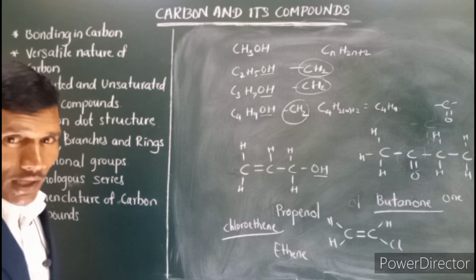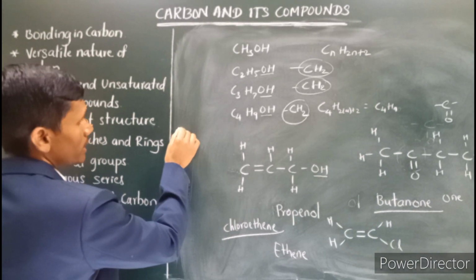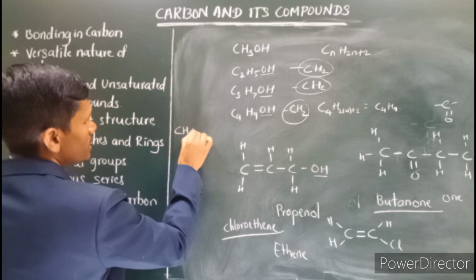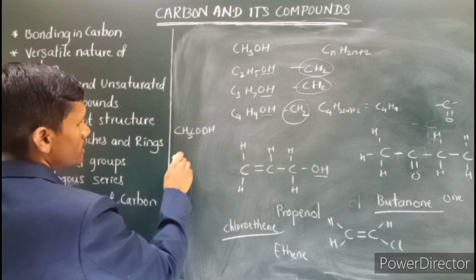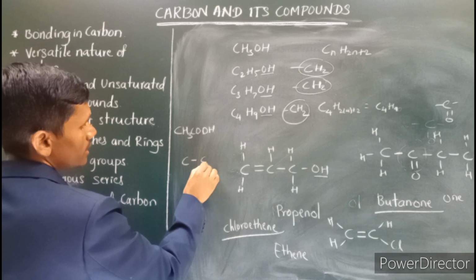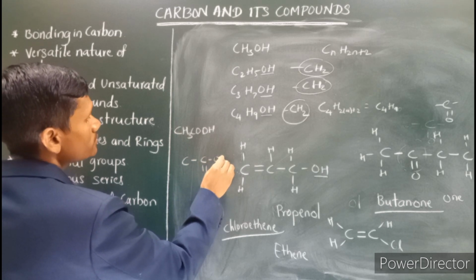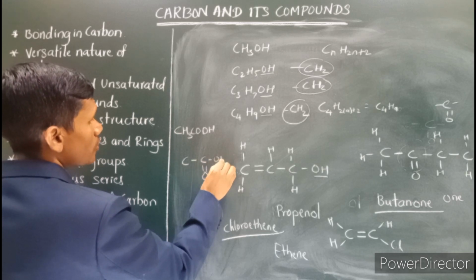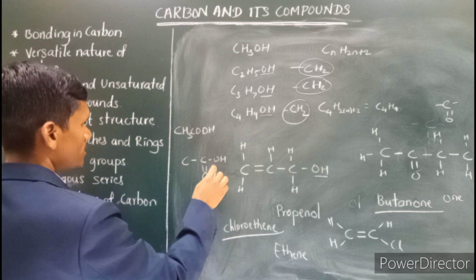And the carboxylic acid group, if it is there, for example, I'll take one more here, CH3COOH. If you write the structural formula for this, C double bond O, here one OH, COOH it is, right?